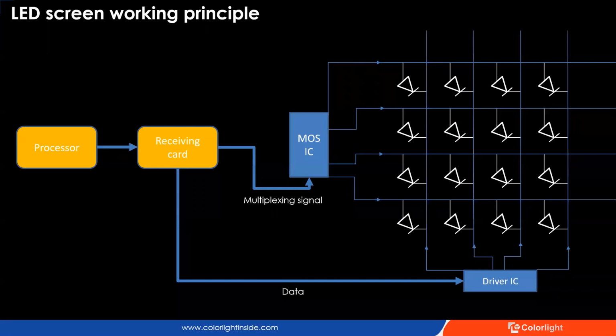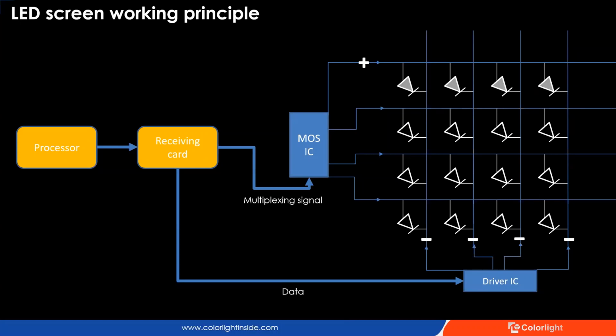So basically, if we want to turn on the LEDs in the first row of this matrix, the receiving card needs to send a high signal to the first row through the MOS IC, and send a low signal to each column through the driver IC, on the bottom side.